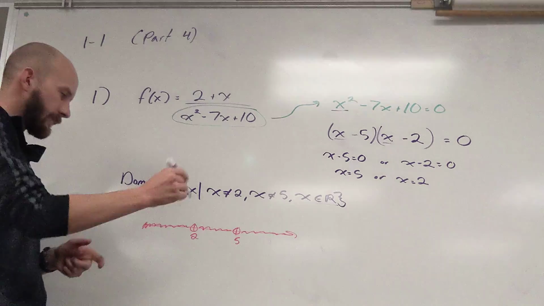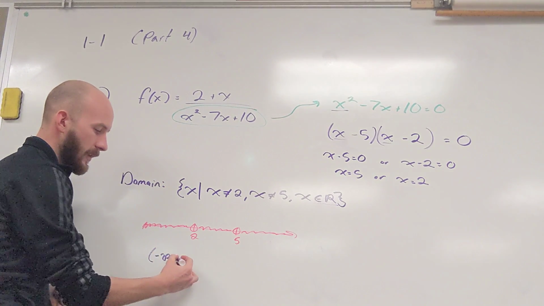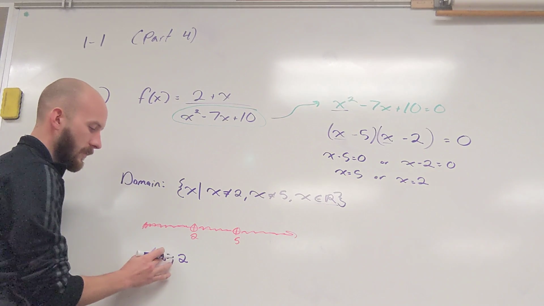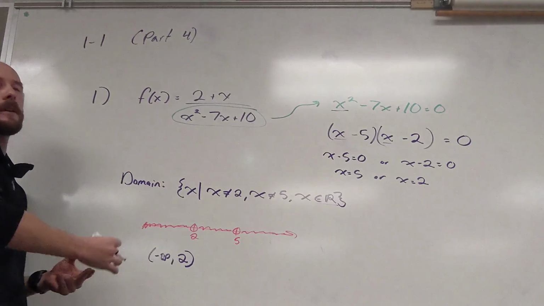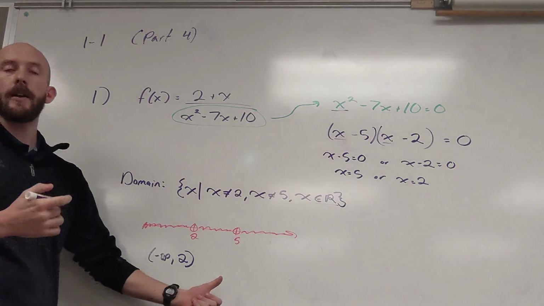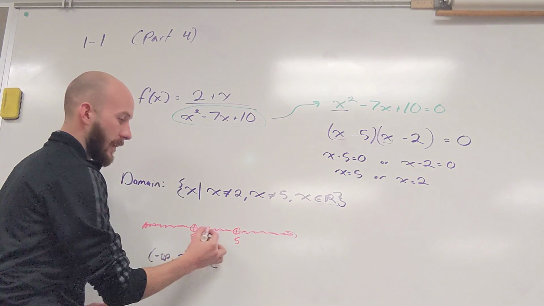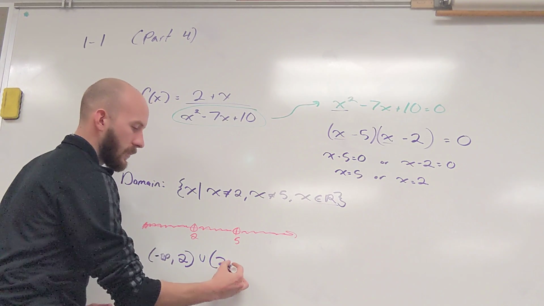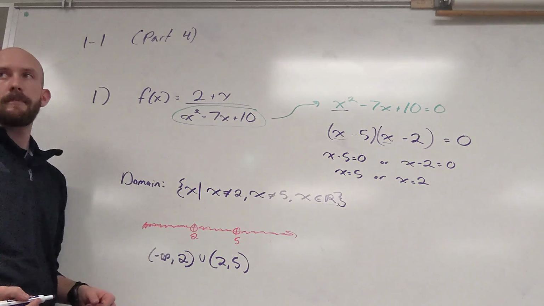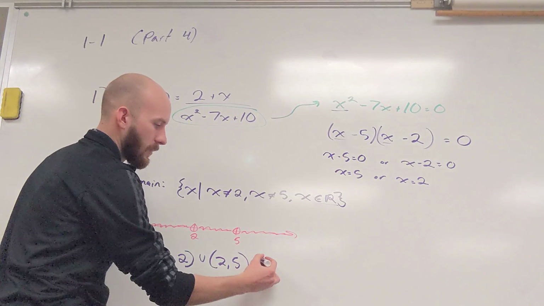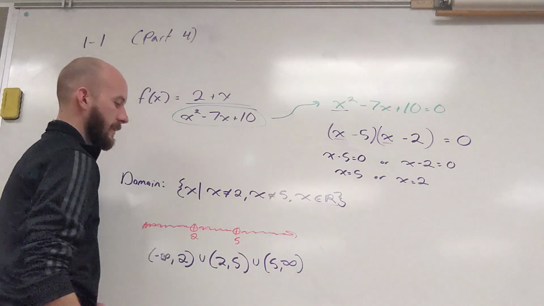So my domain would be from -infinity to 2, and I cannot include 2. It cannot be equal to 2, because that's going to make it undefined. Union, then my second interval is 2 to 5. Still can't be equal to 5 either. Union, 5 to infinity.